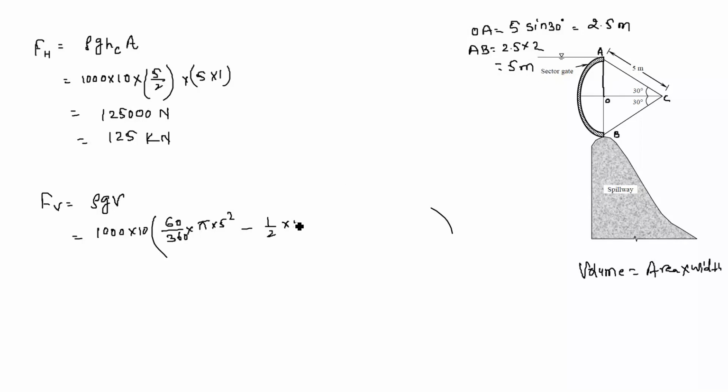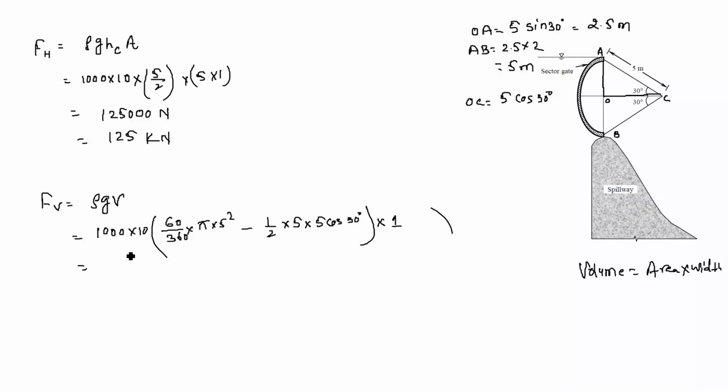So it is 5 meter into this OC, and OC can be found as 5 into cos 30 degree. So this is the area, and when we multiply this area with the width, which we have taken as 1 meter, it will give the volume. Now we can find the vertical force.